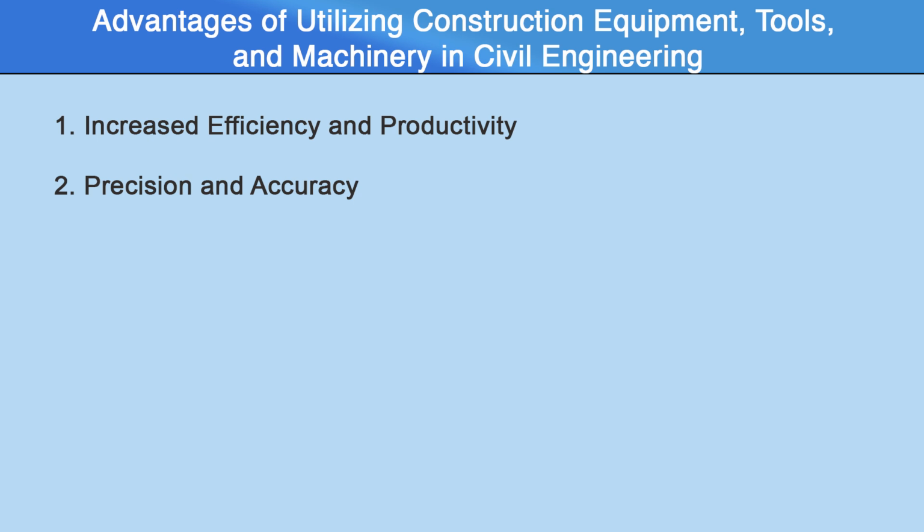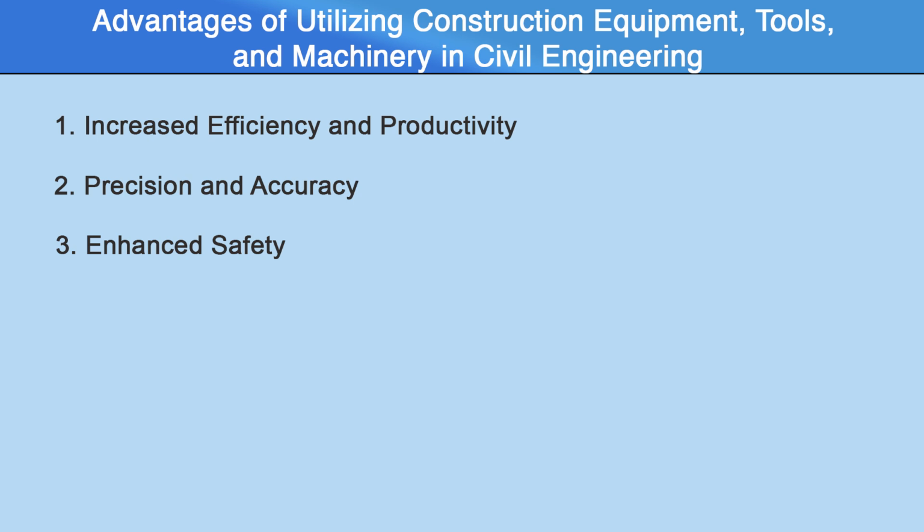Advanced machinery further enhances precision by automating and refining tasks that require high levels of accuracy. Third, enhanced safety. Utilizing proper equipment and machinery minimizes manual labor, reducing the risk of injuries.